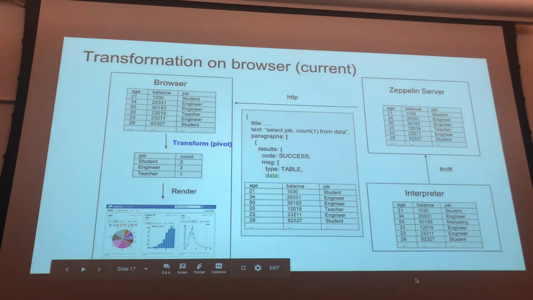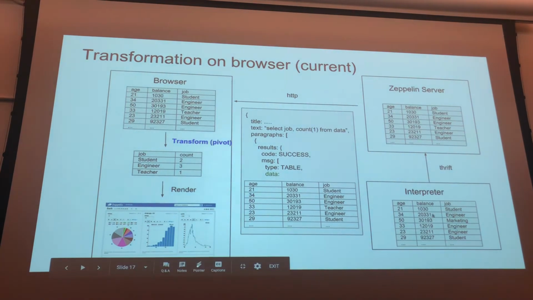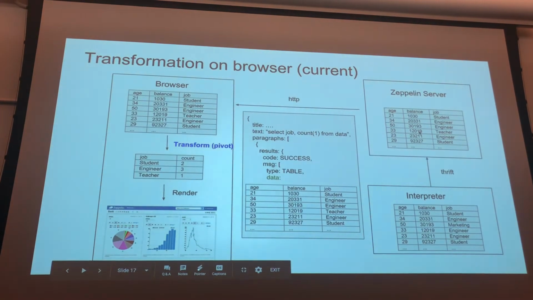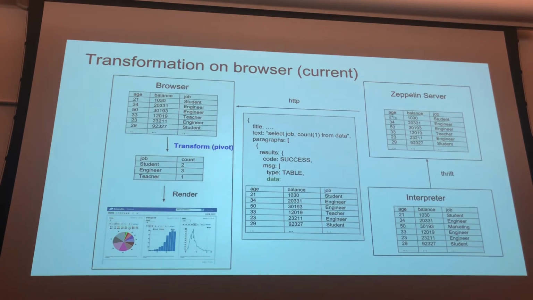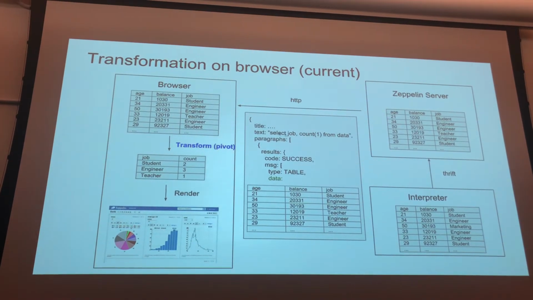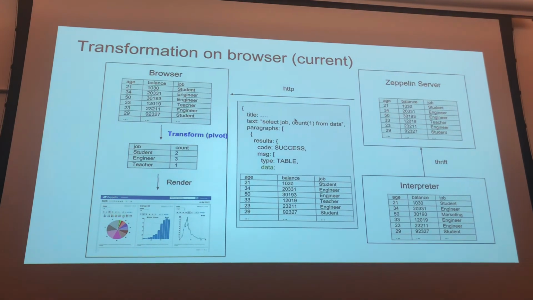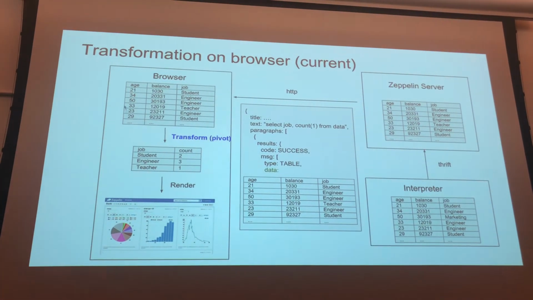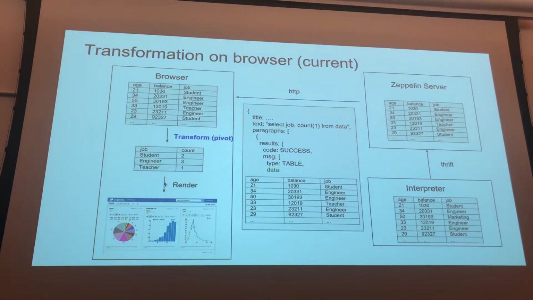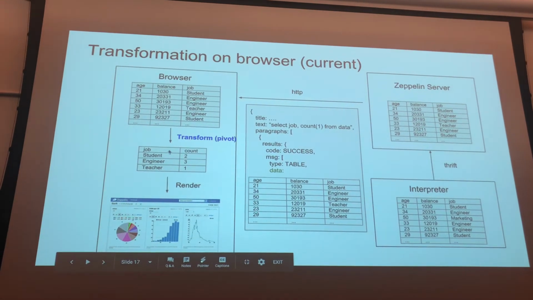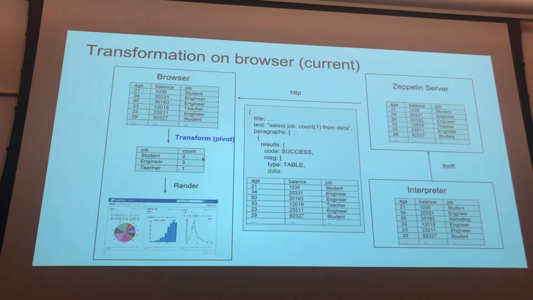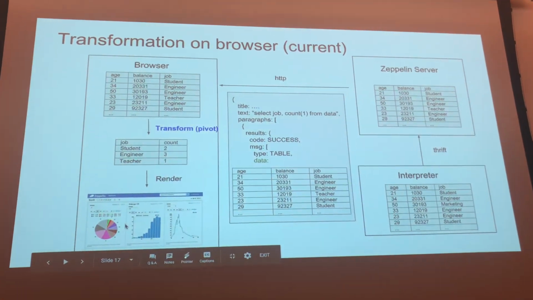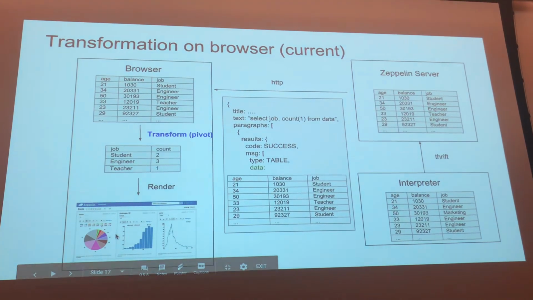And what Zeppelin is doing right now is passing the entire data set to the Zeppelin server. And then again, passing the entire data set to the browser in its HTTP or WebSocket response. And then the browser renders the data, or the browser transforms the data. We have a pivot function, so the browser transforms the data and renders it with the visualization library.